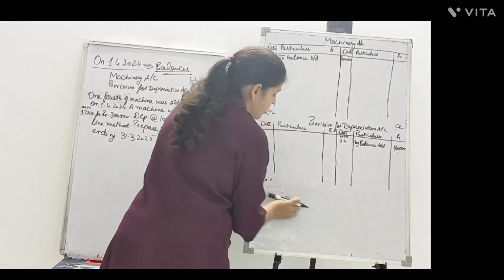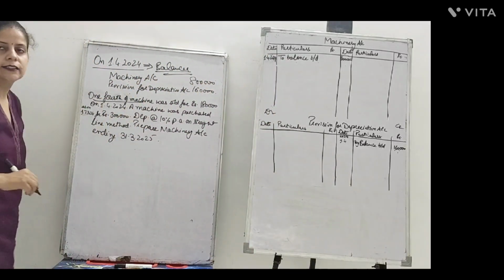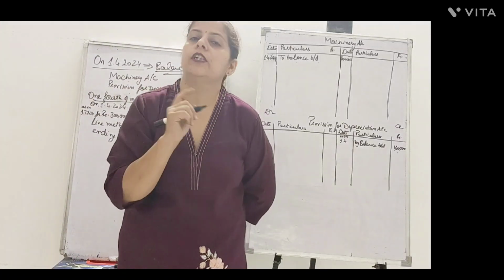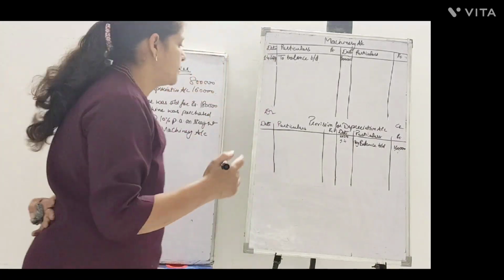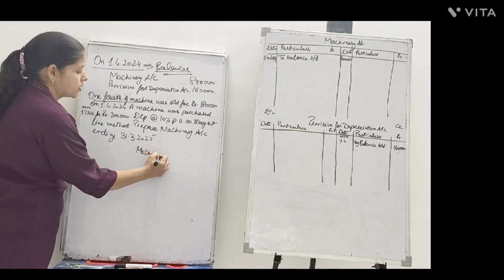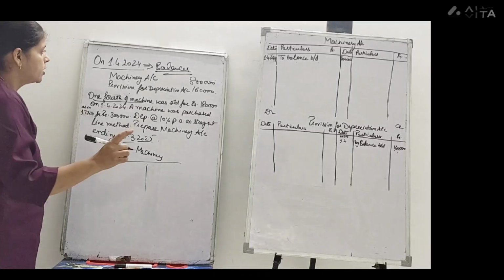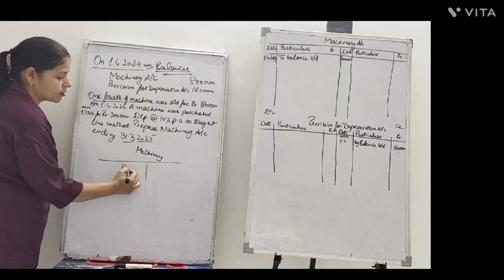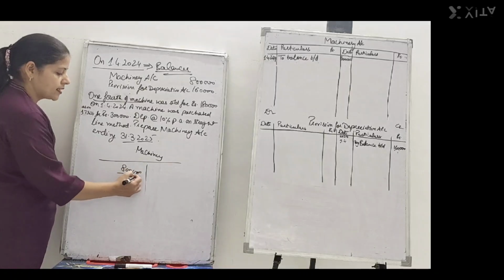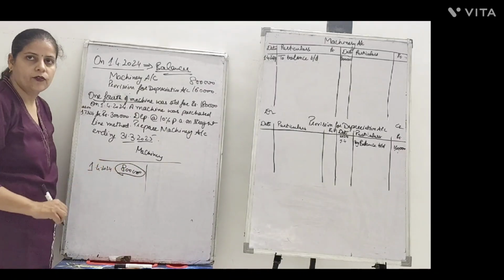Now, in this particular question, it says that 1/4 of the machine was sold. So first of all, rather than going to this particular question, I would like to discuss in a simple manner what the machinery balance actually was as on 31st March 2025. We are first discussing the machinery balance without depreciation. The machinery balance was 8 lakh as on 1st of April 2024.